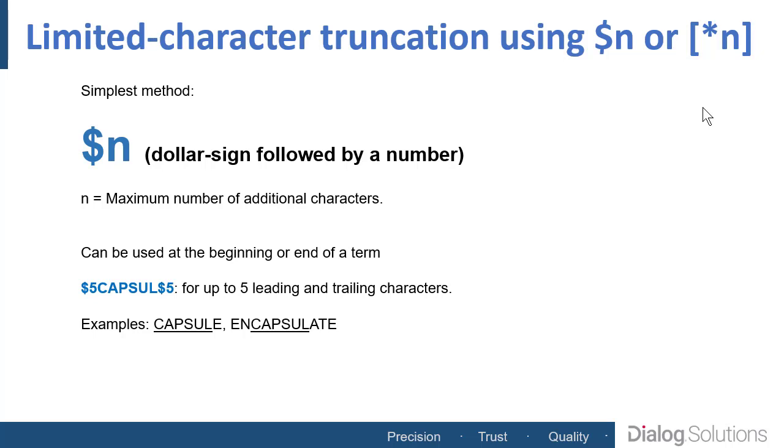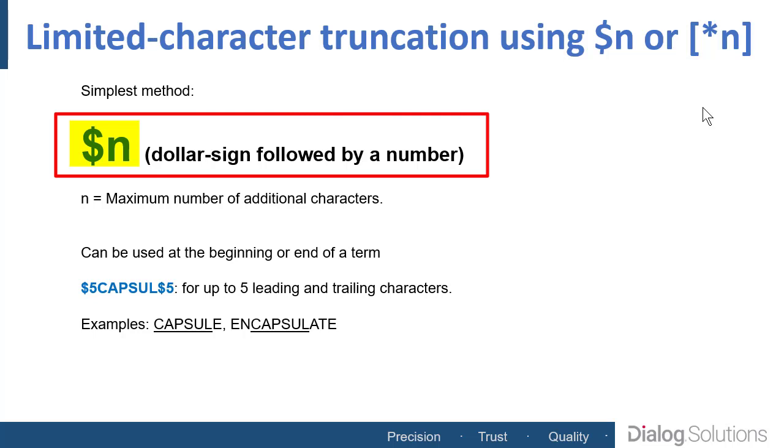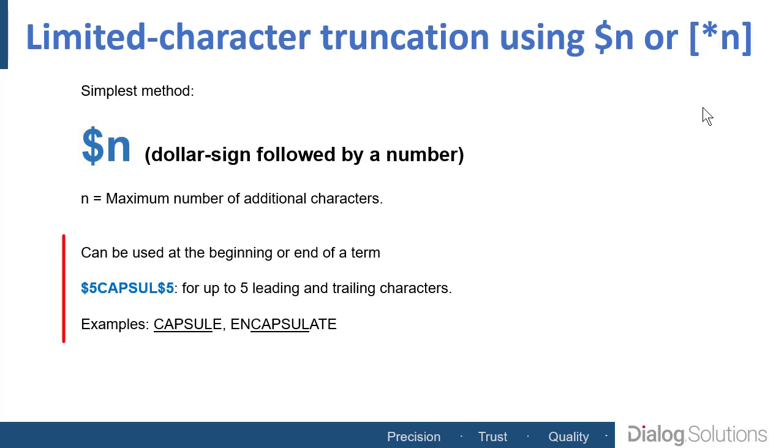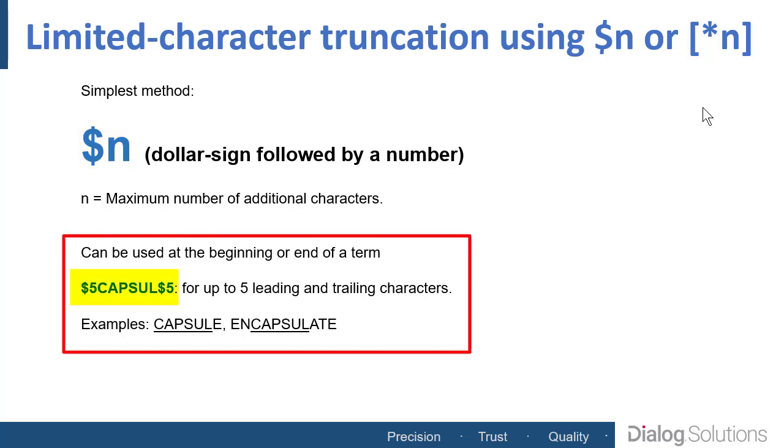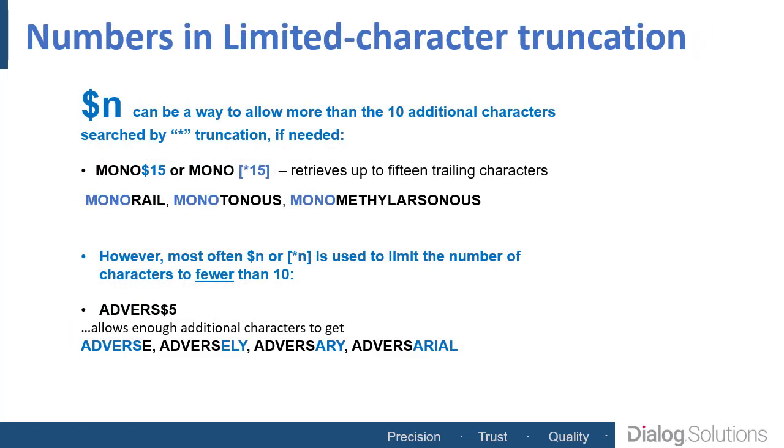So you can pick a different number of characters to look for in truncation, and the simplest way to do that is by typing a $ followed by a number instead of using an asterisk. And you can use this at the beginning of a word or a word fragment, although more often you'll use it at the end. And this number after the $ could be higher than 10.